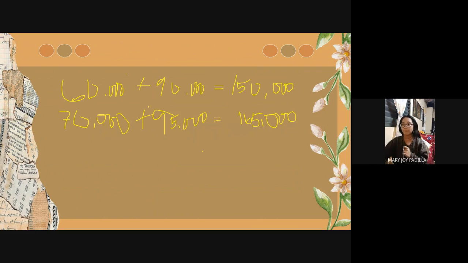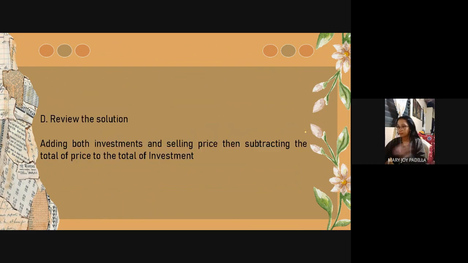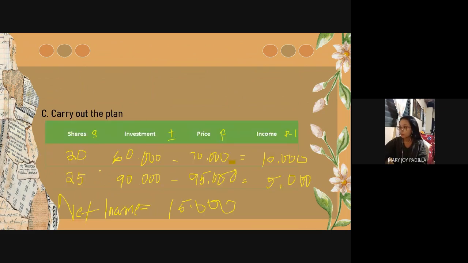So, we're going to subtract this one. Sabi kasi sa ating review the solution, subtracting the total price from the total of investment.